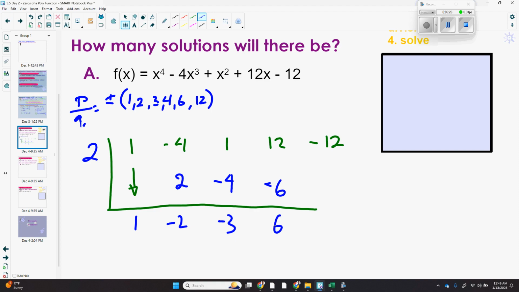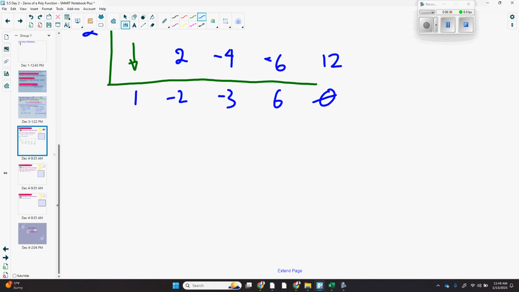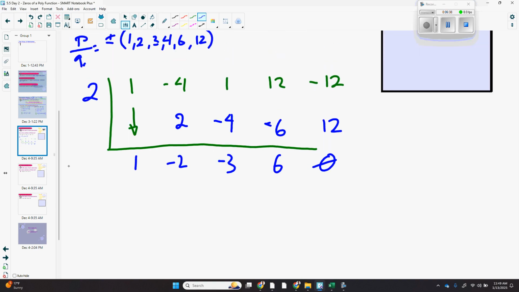That's going to be +6. 6 times 2 is 12. And this time I get a 0, which is good, because that means that 2 is a rational zero of my polynomial.